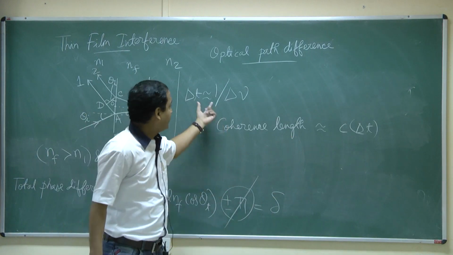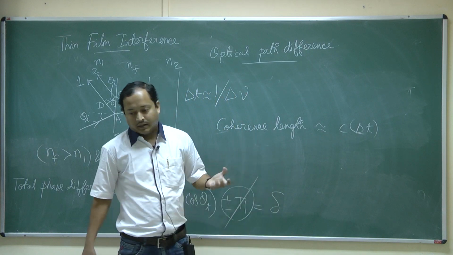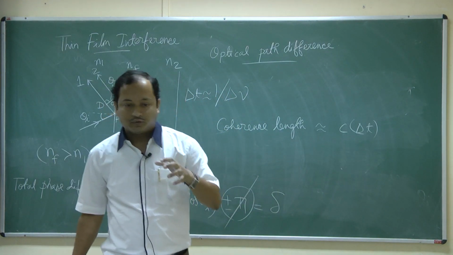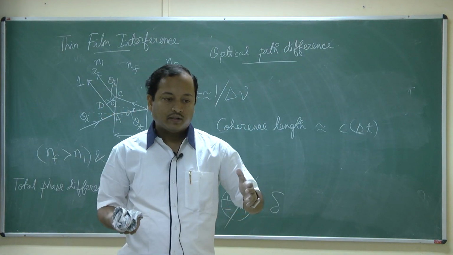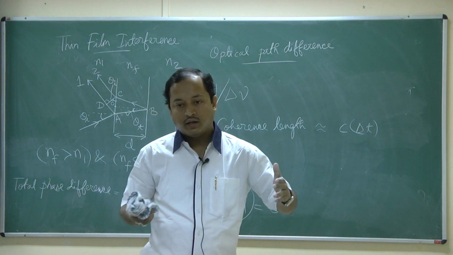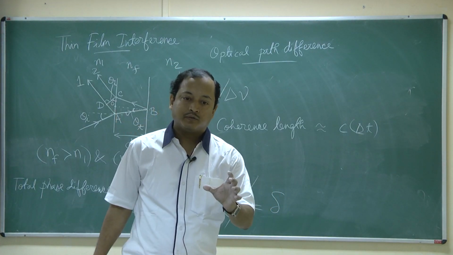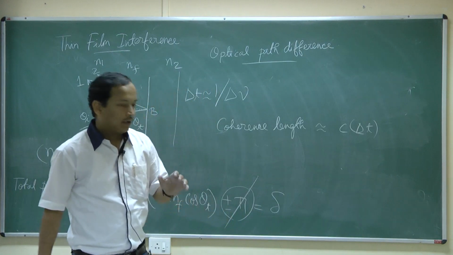Coherence length is a particular property of a source. It is a length over which you can nearly assume the source to be monochromatic, and you can predict the phase with certainty at a given point in space.